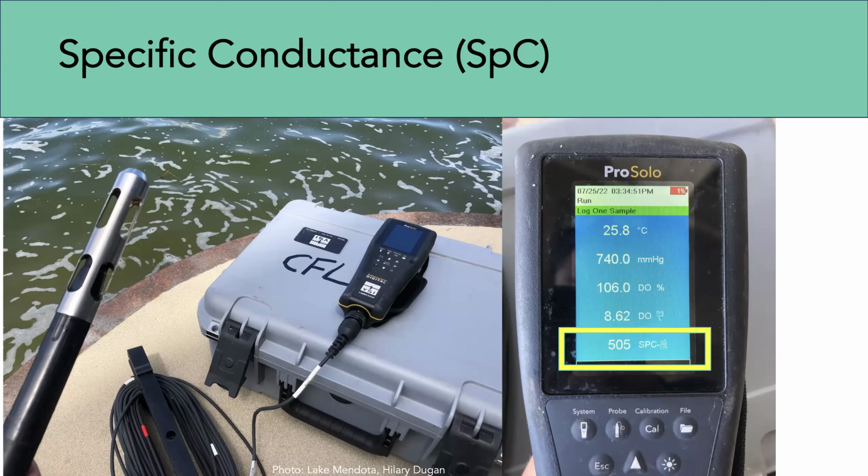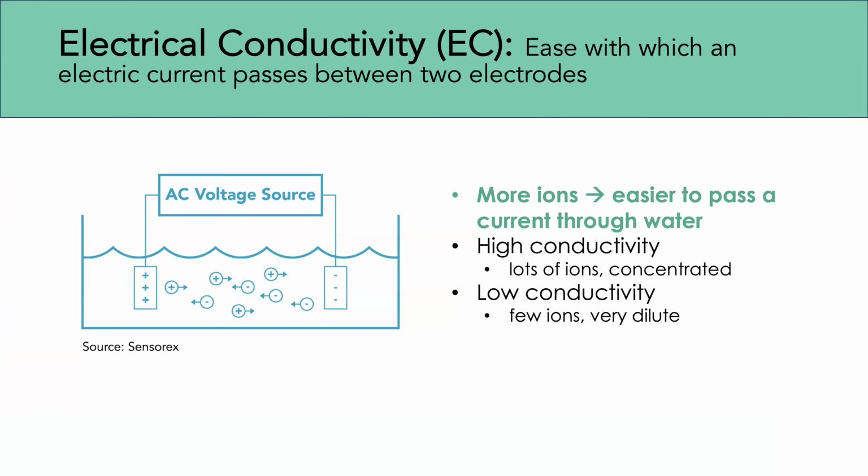Electrical conductivity gives us an estimate of salinity because as water gets saltier, it conducts electricity more easily. So we can take advantage of that property and use a sensor to tell us the conductivity of the water.